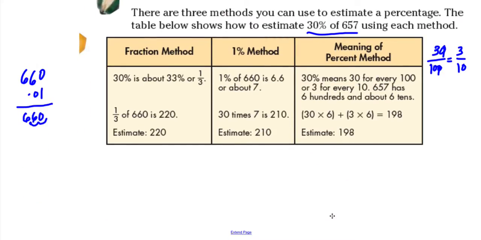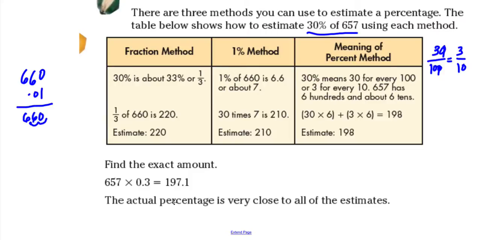Now, if we look at the exact amount, we notice that 657 times 0.3 is 197.1. So the actual answer is very close to all of the estimates.